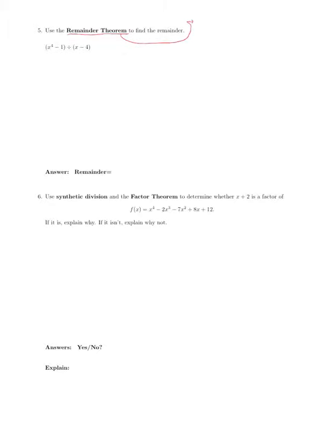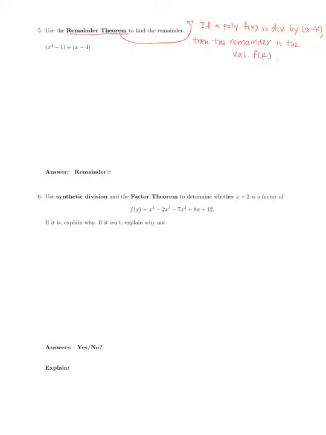The theorem says that if a polynomial function f of x is divided by x minus k, then the remainder is going to be the value f evaluated at k. Isn't that a pretty cool theorem?